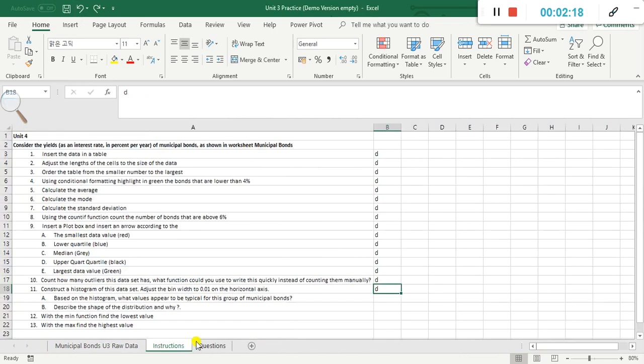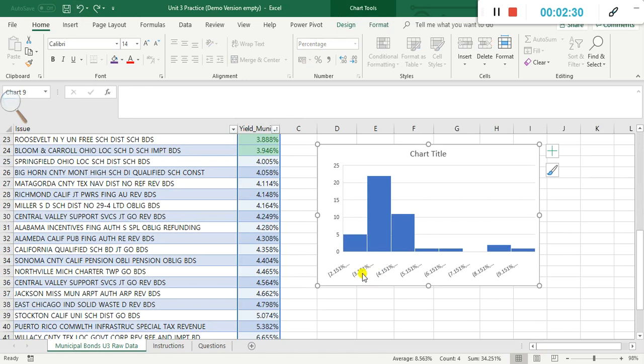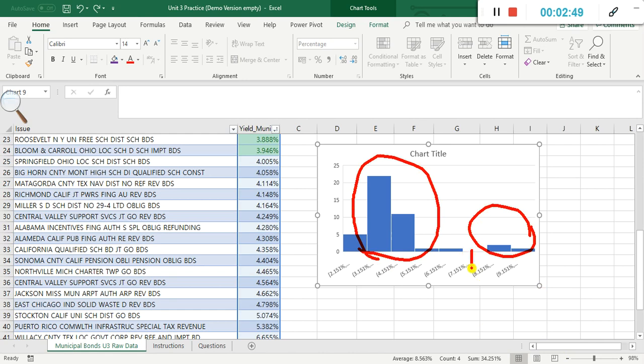So what I was asking you just now, this one: what values appear to be typical for this group of data, municipal bonds? In this case we can see values within 3.151 and 4.151 are the most typical values. Now some of you may be asking right now, Professor, but isn't this bimodal? I remember you taught us that in a histogram it can be bimodal because we have two groups. Yes and no. There is a gap here.